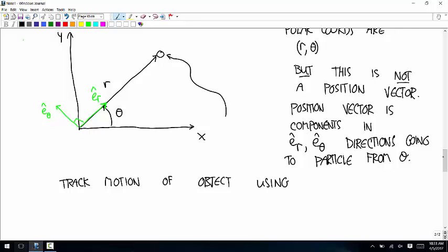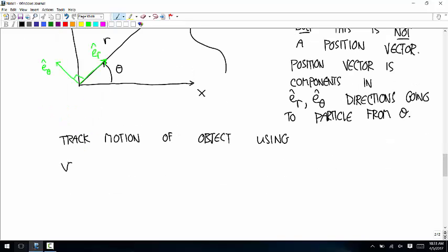Using the fact that the velocity is equal to the time derivatives of the position components plus capital omega cross the position vector.